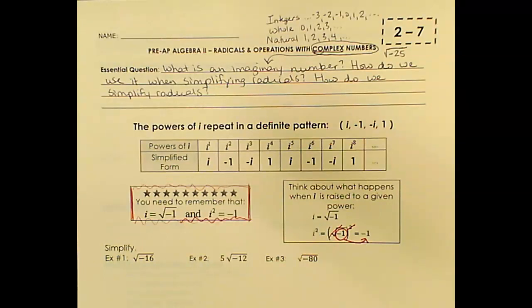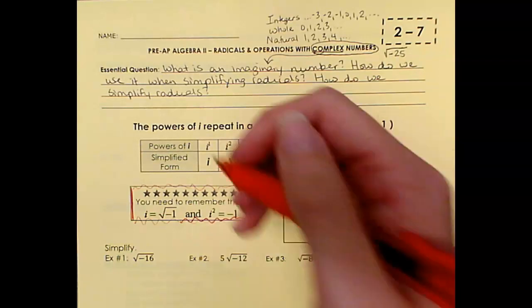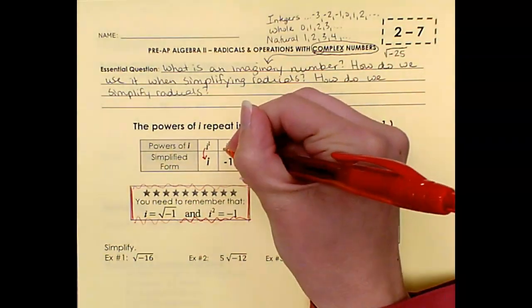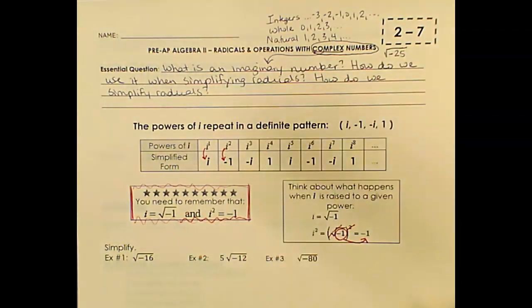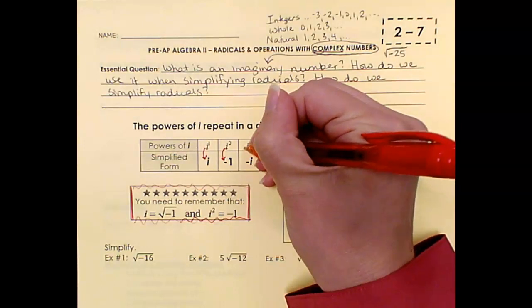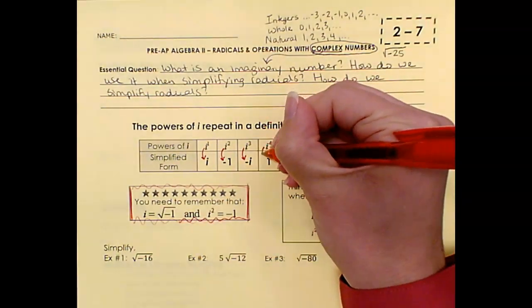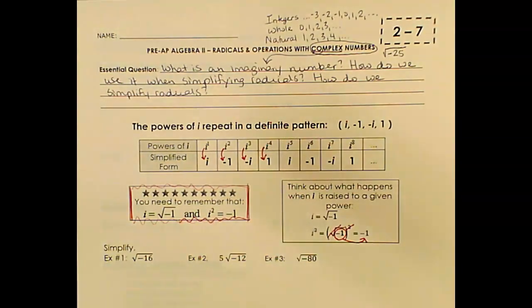So if you look above, you'll notice the powers of i repeat in a definite pattern. So i is just i. i squared is -1. So we found that out here. i cubed is -i. i to the power of 4 is 1.